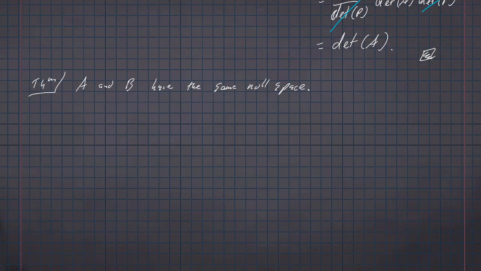I would like you to try to prove for yourself that matrix A and the similar matrix B have the same null space. And I will look at the fact that A and B have the same eigenvalues.